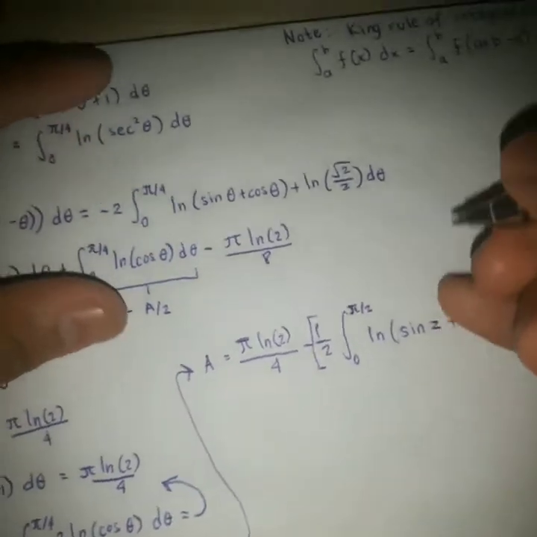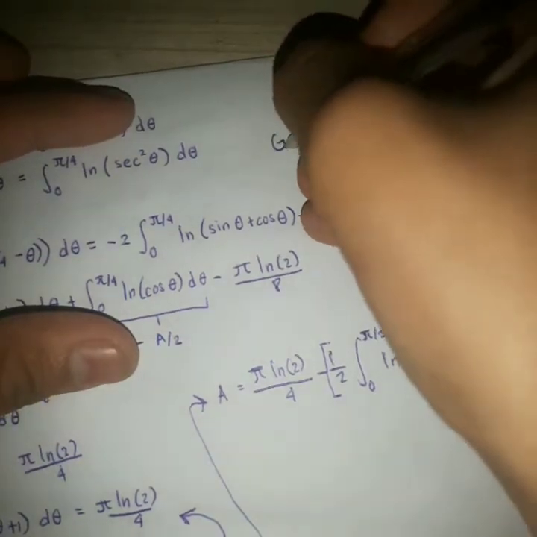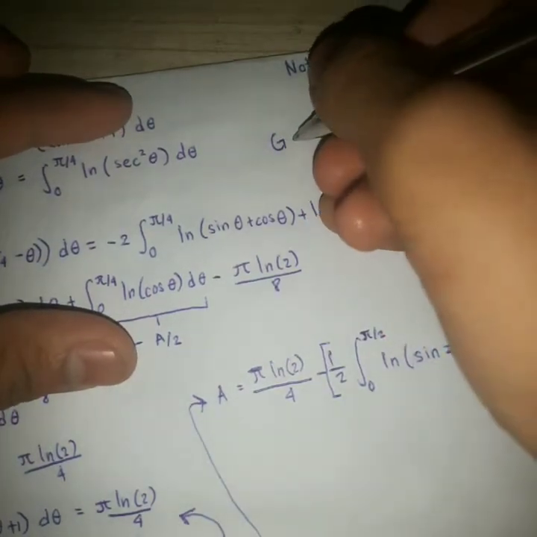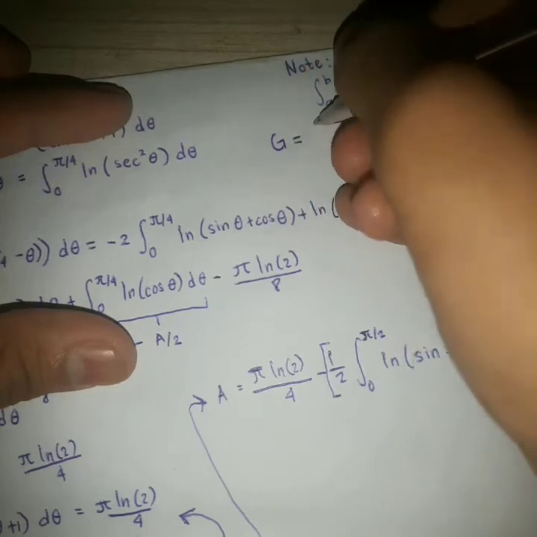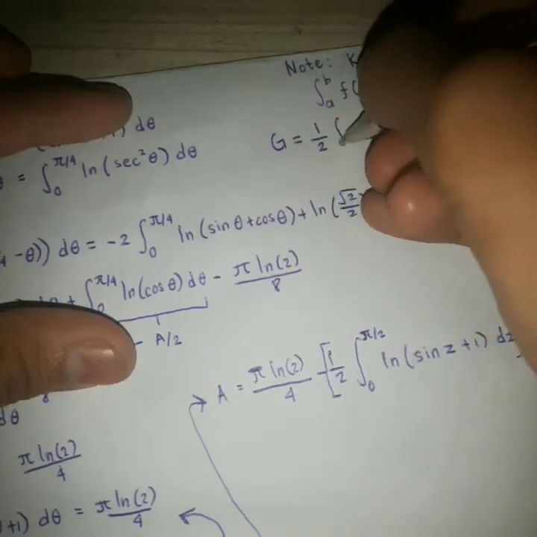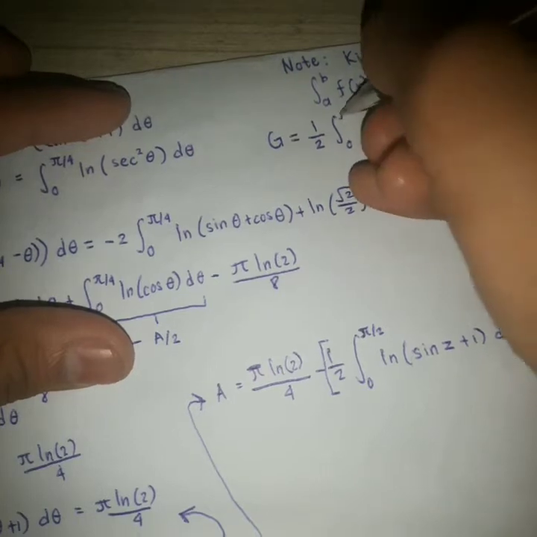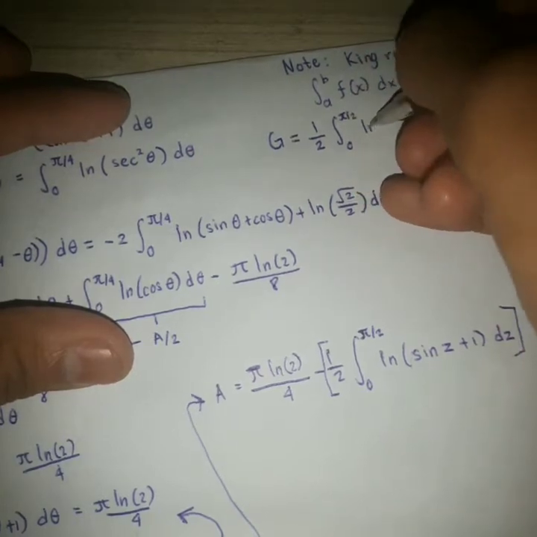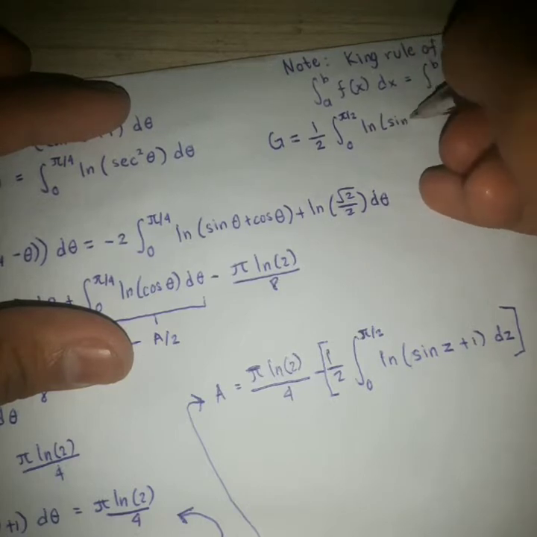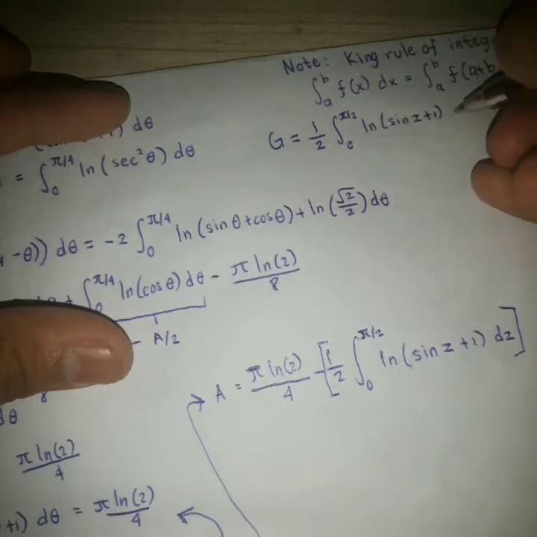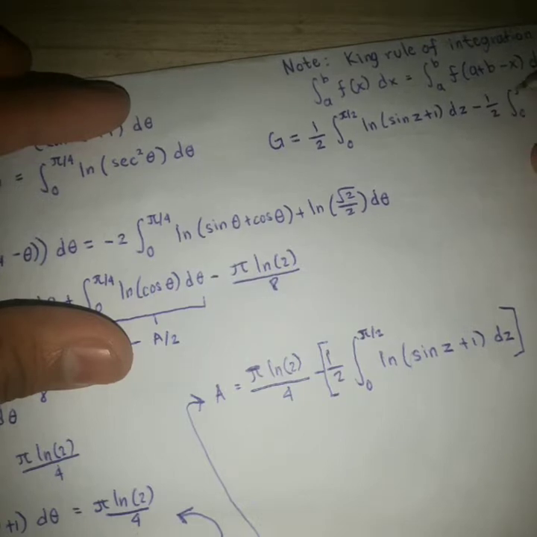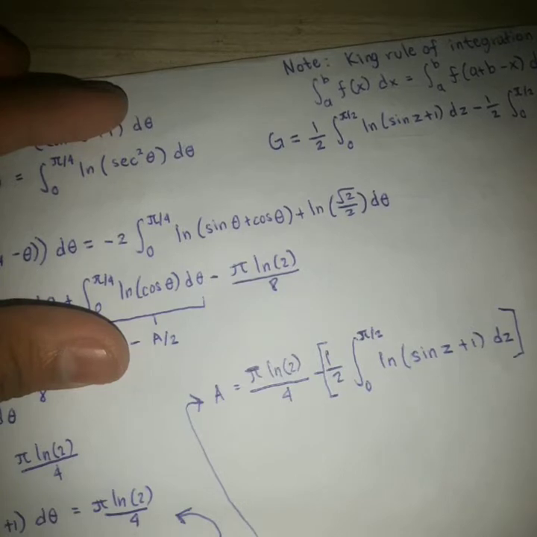So note that Catalan's constant G is given as 1/2 times the integral from 0 to pi over 2 of ln(sine z plus 1) dz minus 1/2 times the integral from 0 to pi over 2 of ln cosine z dz.